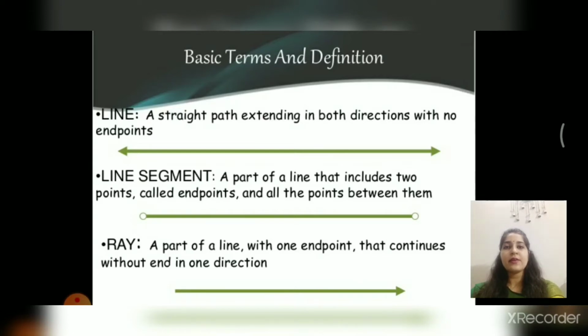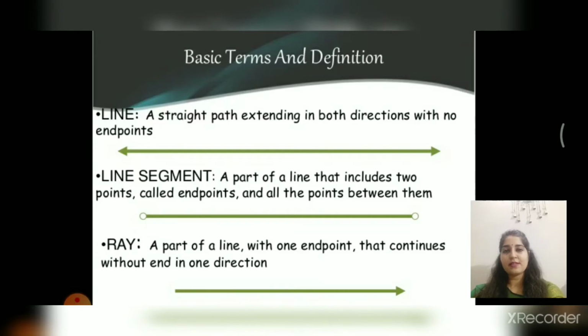Next is ray. A part of a line with one end point that continues without end in one direction. That means the ray represents a part of a line which can be extended in only one direction. As you see in the third figure, the arrow is on one end of the line segment.